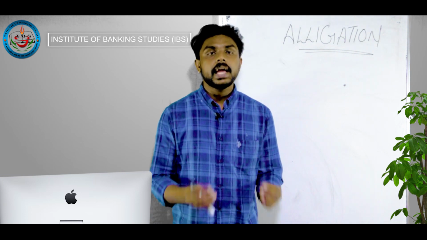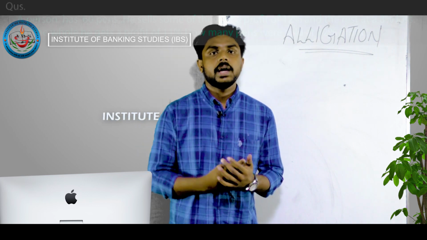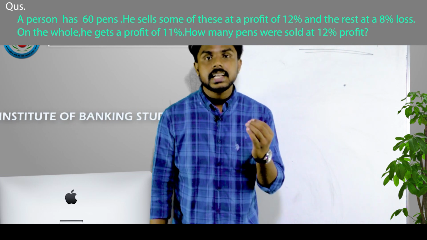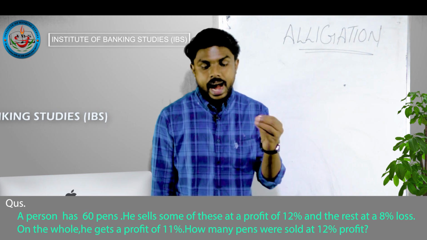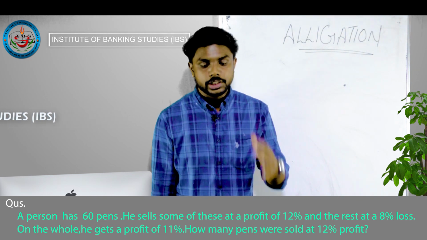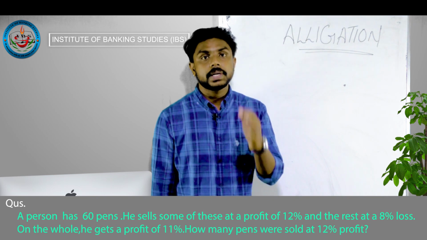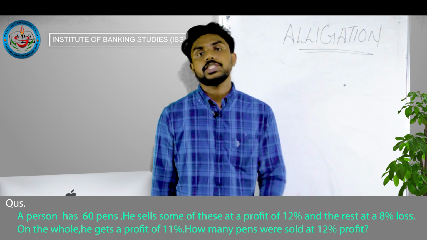Let us discuss our first question in the part of allocation. A person has 60 pence. He sells some of these at a profit of 12% and the rest at an 8% loss. On the whole, he gets a profit of 11%. Then find how many pence were sold at a 12% profit.